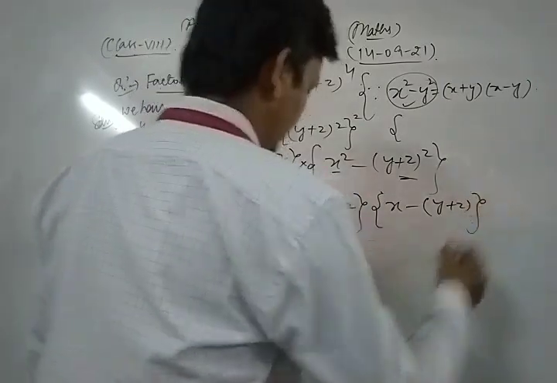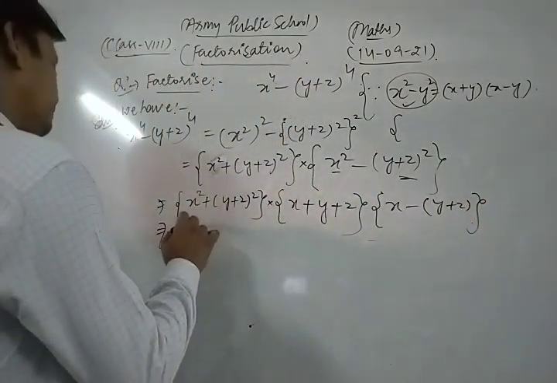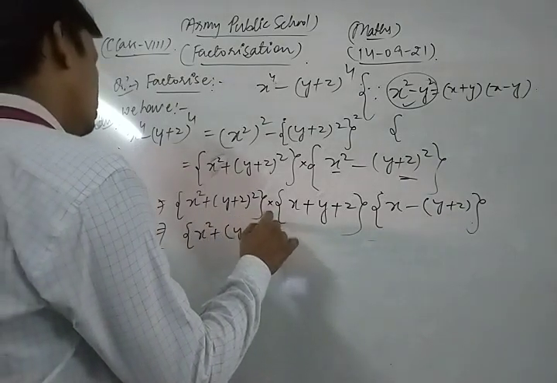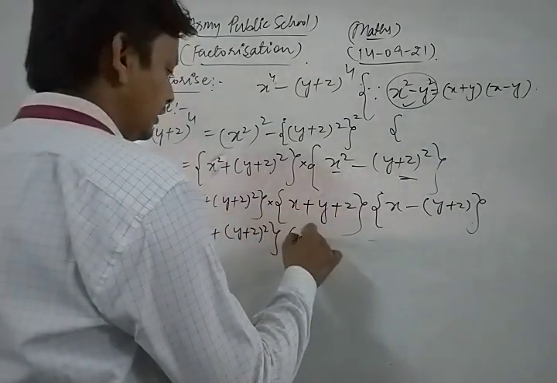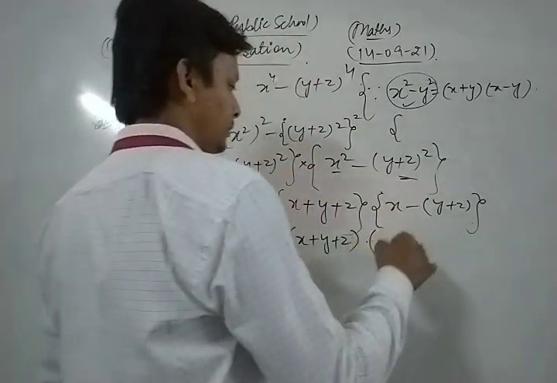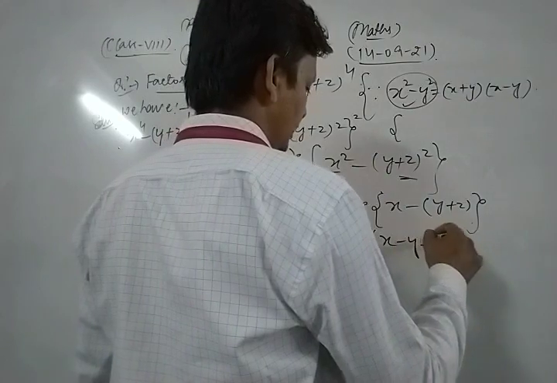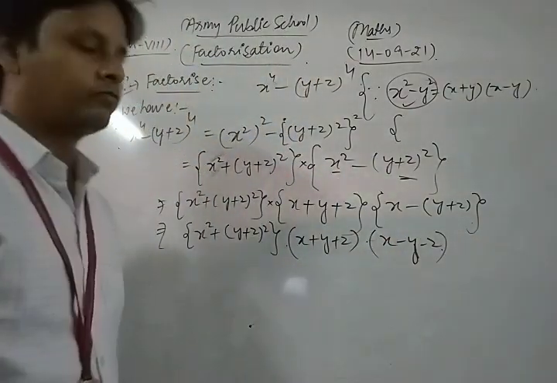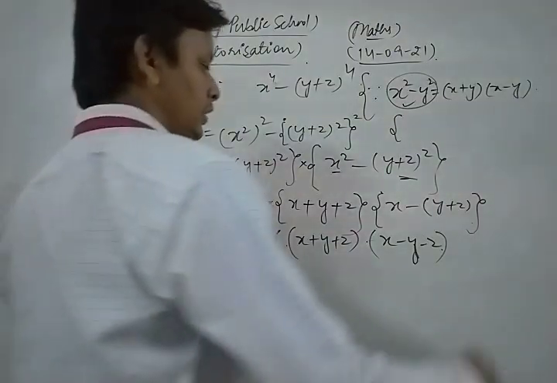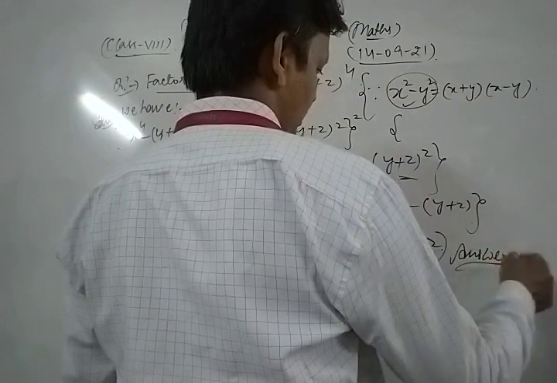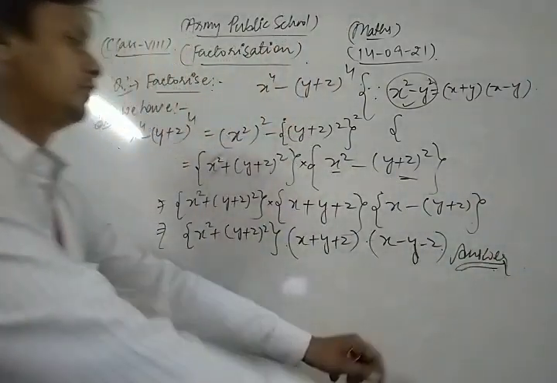Now we break the brackets. So we can write x square plus (y plus z) whole square, and here x plus y plus z, in another bracket x minus y minus z. So this is the required solution of the given question.